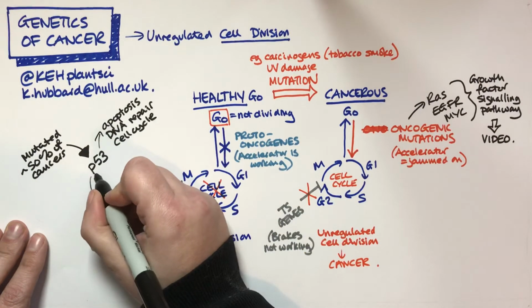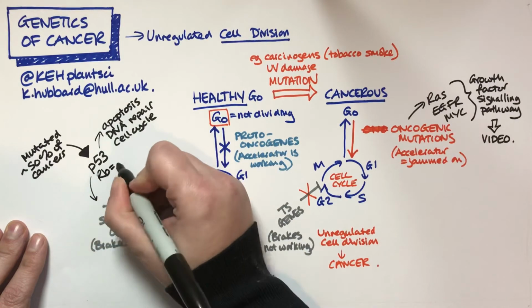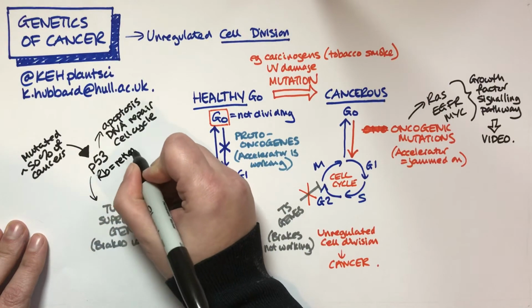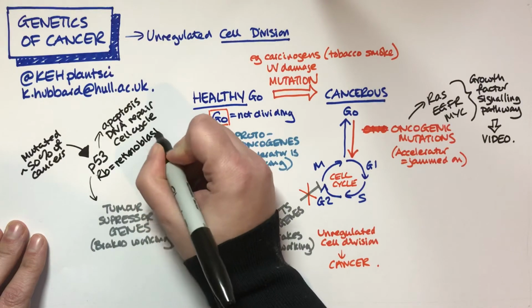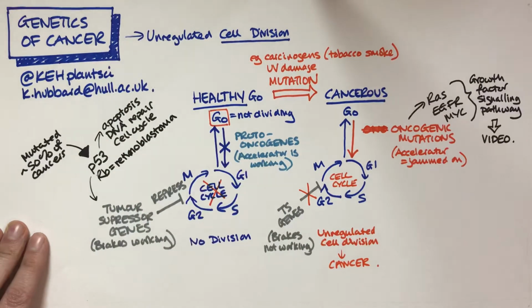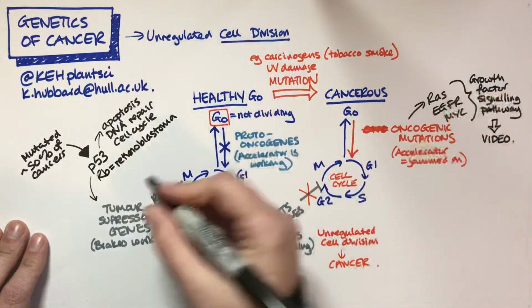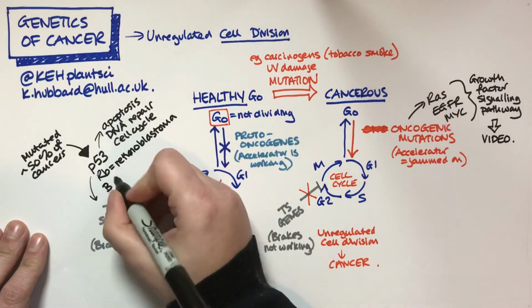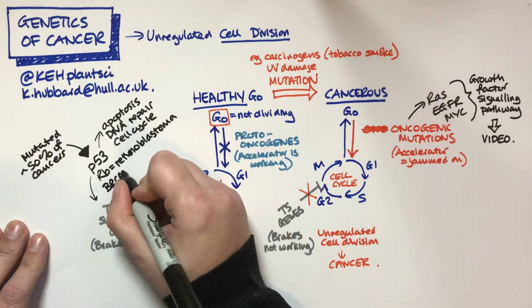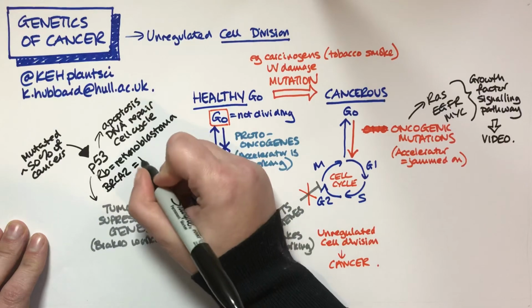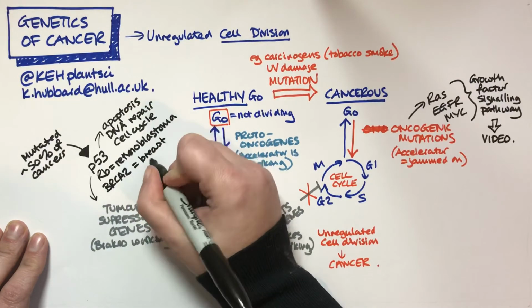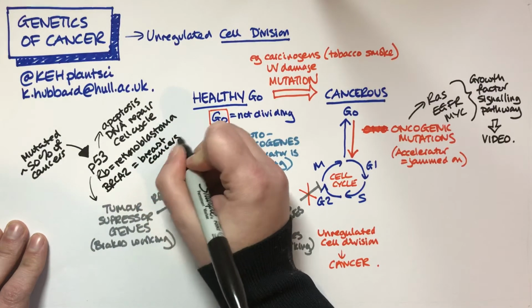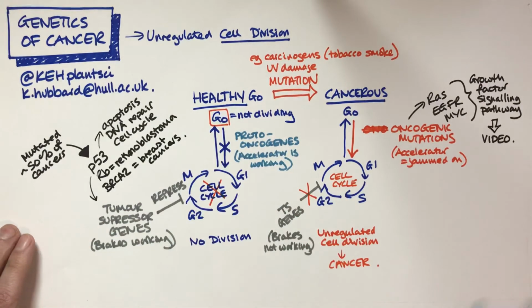There's also a gene called RB, which is retinoblastoma, which was identified from eye cancers. And then there's the gene BRCA2, which was identified in breast cancers. So these are all tumour suppressor genes.